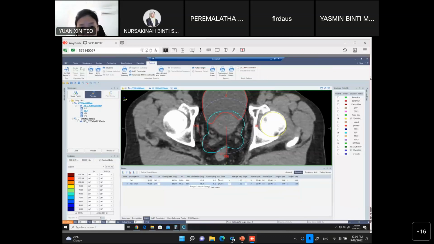Okay, this one you can set from 3 to 60 degrees. Of course, if 60 degrees is too much, it means every 60 degrees only then have a beam delivery. So normally our plan default is 30 degrees. For those very high dose and a lot of OAR plans, we will choose a lower value over here. So you can also set your collimator angle.